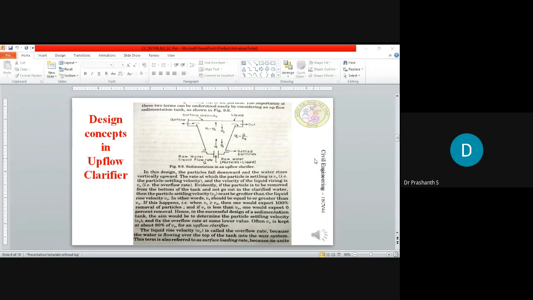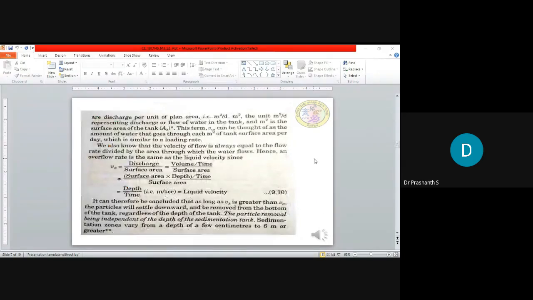If V naught is more than Vs, then all particles will go out of the tank. If the velocity of the particles is more than V naught, then only particles will have a chance to settle down. So we have to control the velocity V naught. It is in our hand, in such a way that it is 80% of the Vs, because V naught, the surface loading rate, is also nothing but the liquid velocity.